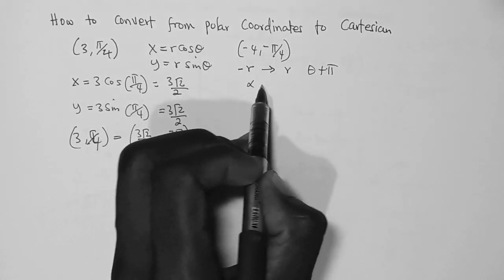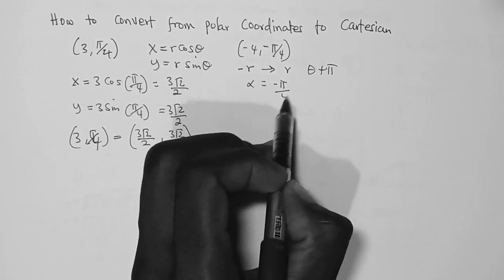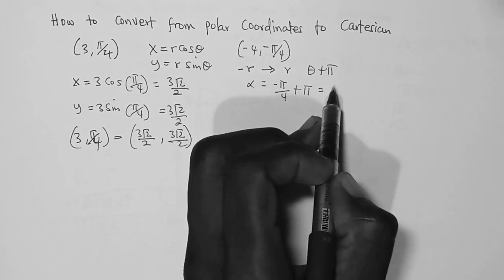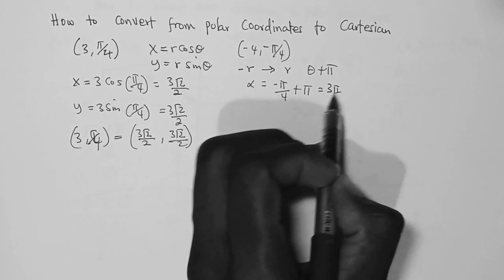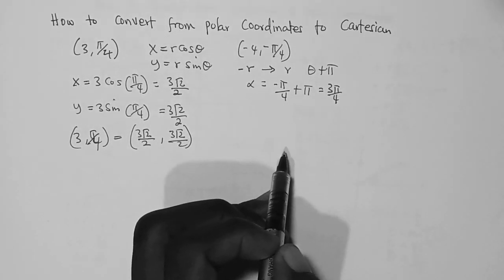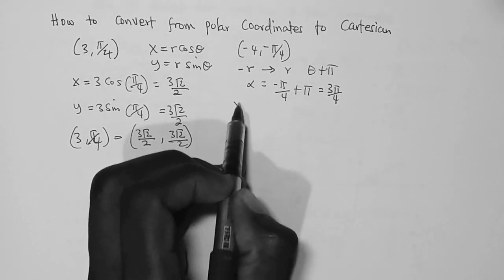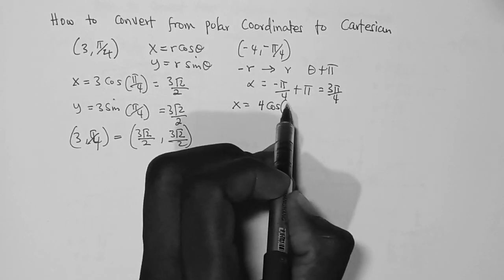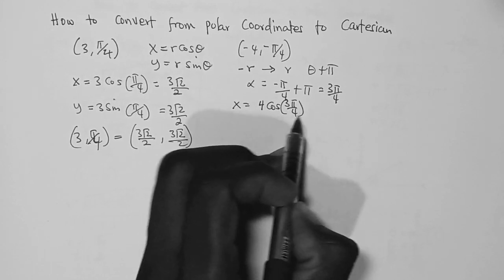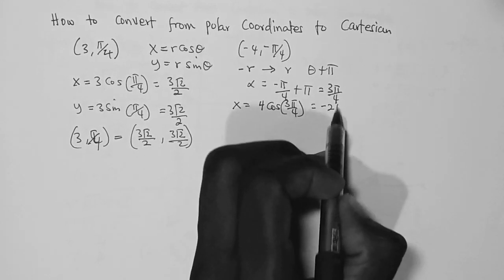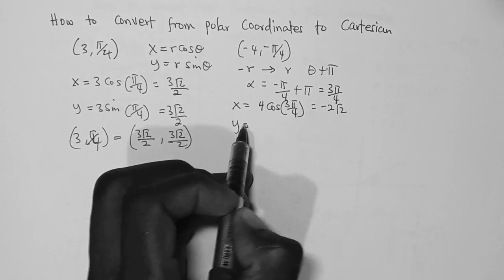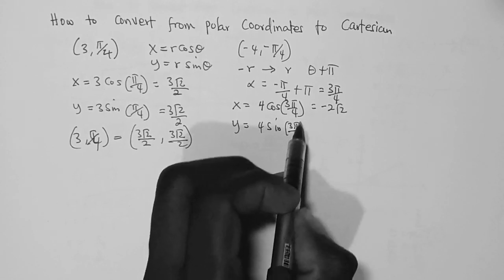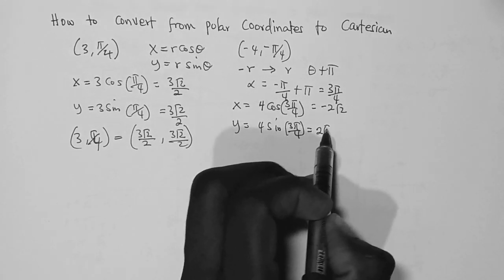So alpha is equal to minus pi over 4 plus pi, and minus pi over 4 plus pi is the same as 3 pi over 4. So it means that the x coordinate will be equal to 4 cos 3 pi over 4, and this is equal to minus 2 root 2. And then the y coordinate will be equal to 4 sine 3 pi over 4, and this is also the same as 2 root 2.